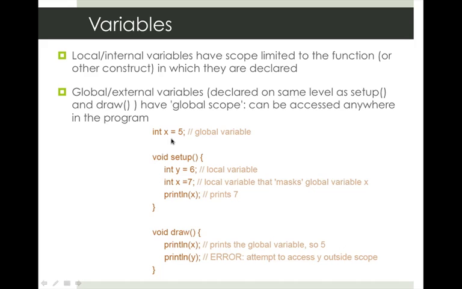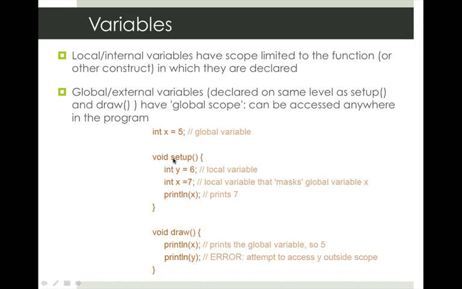In Arduino it is similar: we have the setup function, and then we have the loop function. In this case, it will be the setup and the draw function. If any variable is declared outside these functions, it is called a global variable, and the value of x remains 5 unless changed.